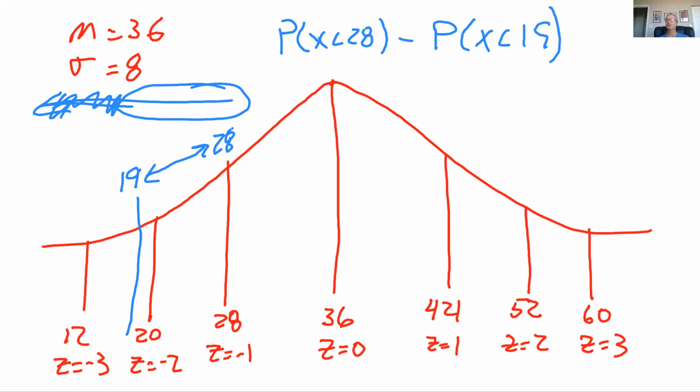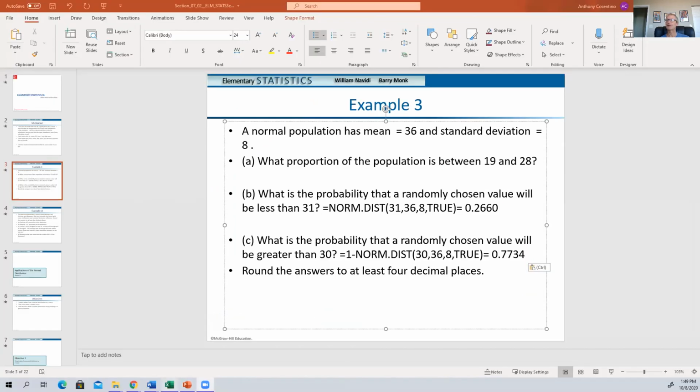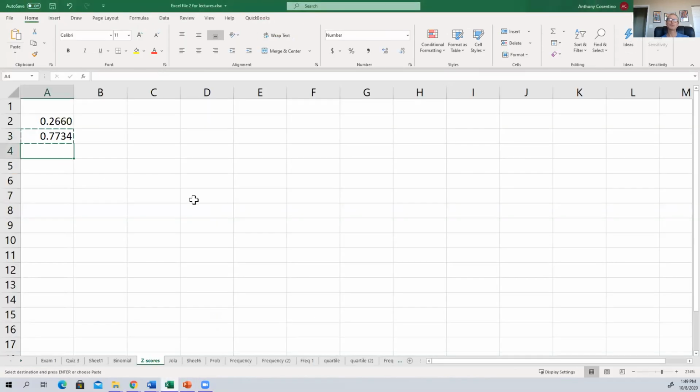So when you go to the spreadsheet, I usually do this in one cell as well. So I'll show you how I do it. So the numbers again were 28 and 19. Gotta jot those down so I don't forget.